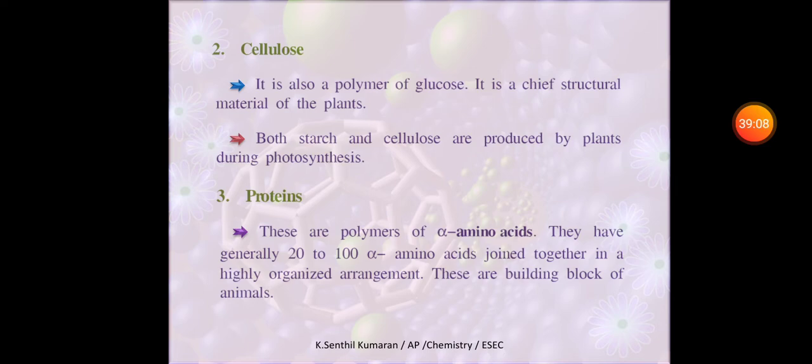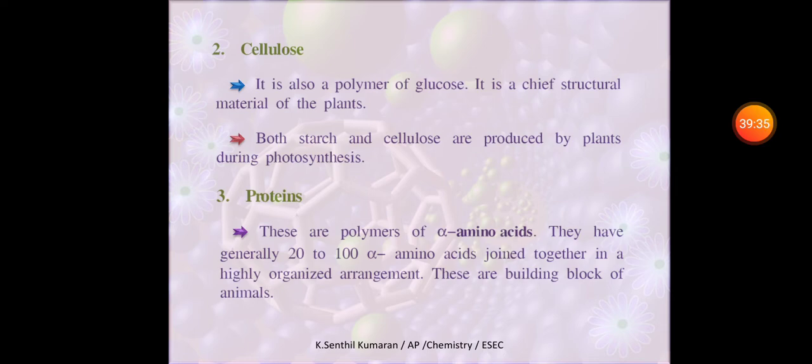Another one is cellulose. It is also a polymer of glucose. It is the chief structural material of the plant. Cellulose is also produced by the plants during the photosynthesis process.